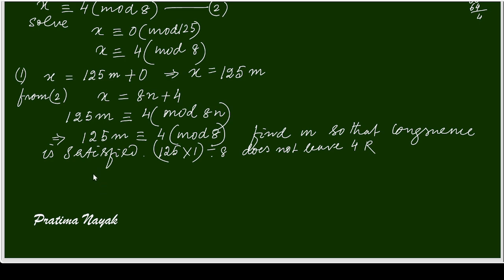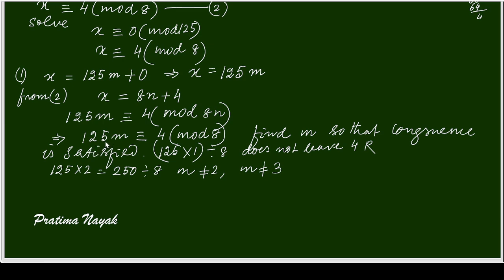Then if m equals 2, 125 into 2, that will be 250. 250 divided by 8 does not leave remainder 4. So m is not equal to 2. Let us check for 3. It is 375. Again, it will not. So m cannot be 3.